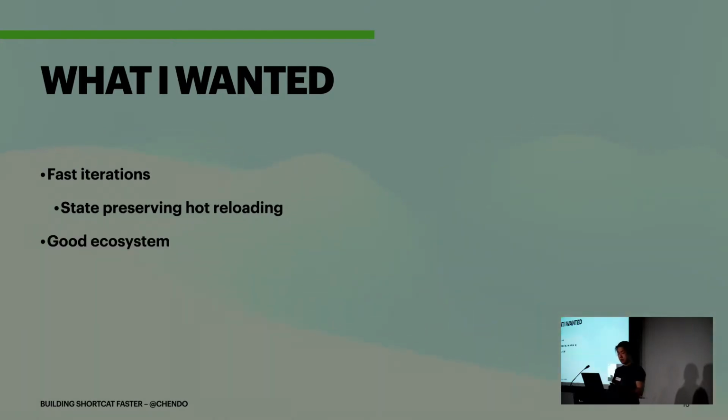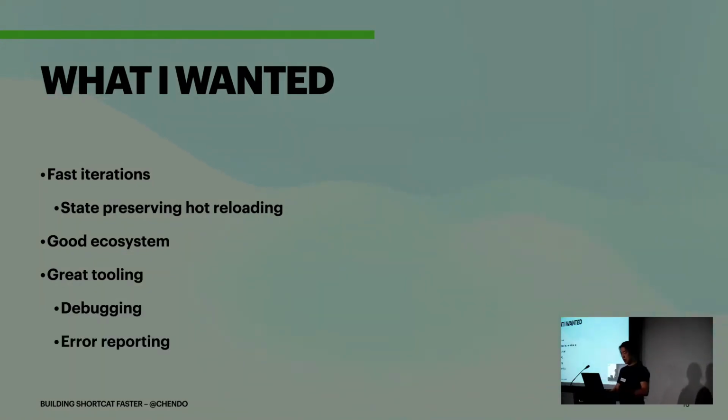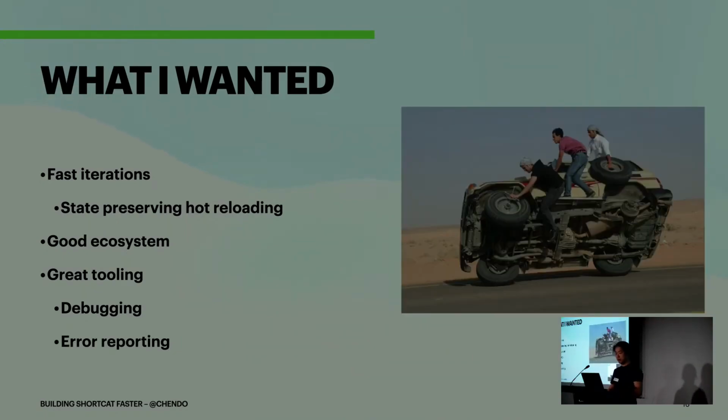A good ecosystem, so decent libraries and all that stuff, great tooling, and for me that meant good debugging tools and good error reporting tools. This is the image I feel like closest represents what I wanted, which is, I mean, the analogy isn't perfect, but changing tires on a car while it's moving seems like a useful thing.